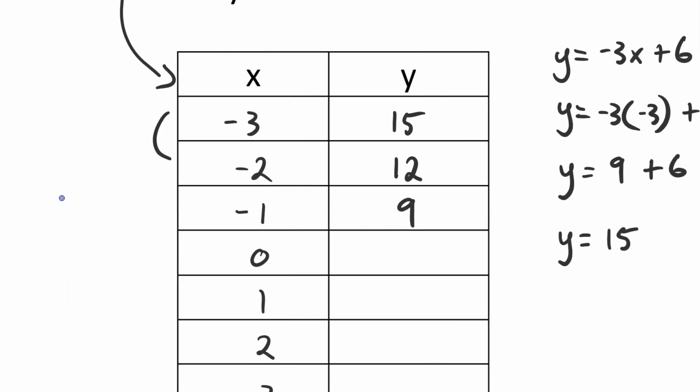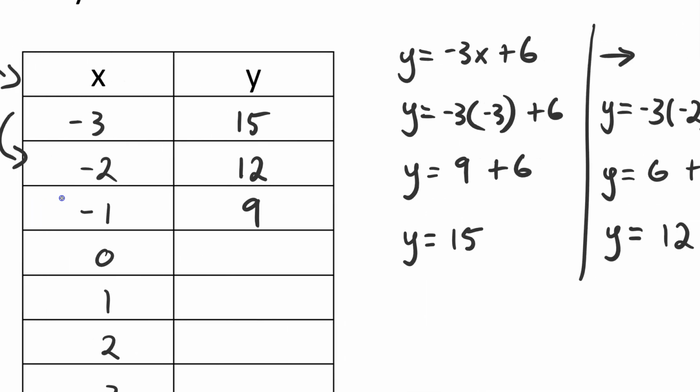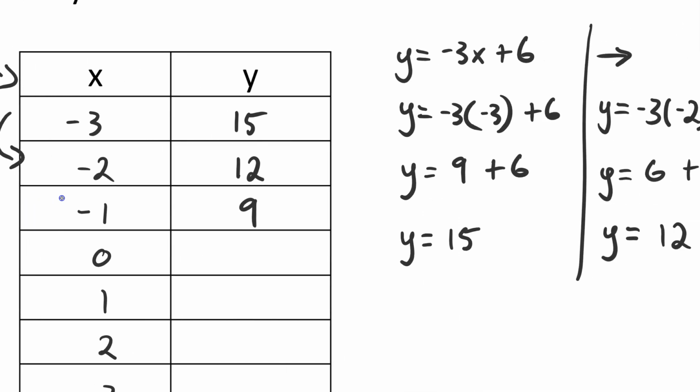Now, our change here was plus 1, and that again is because we chose that to be our change for the x value. Now, this is our result of increasing the x value by 1. It's a negative 3 here. So we're decreasing by 3 every time you increase the x value by 1. Same thing here. From 12 to 9, it decreased by 3.